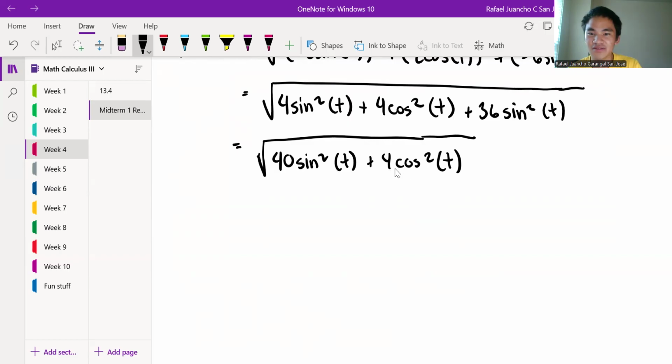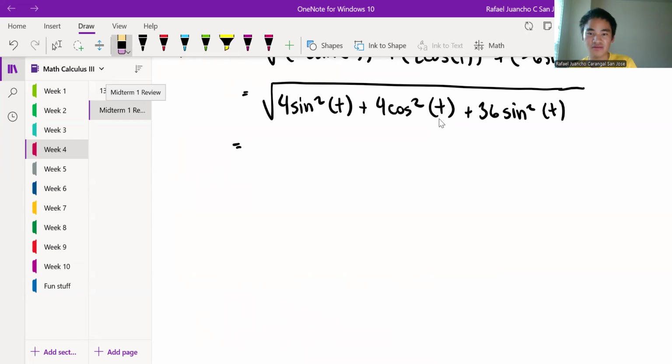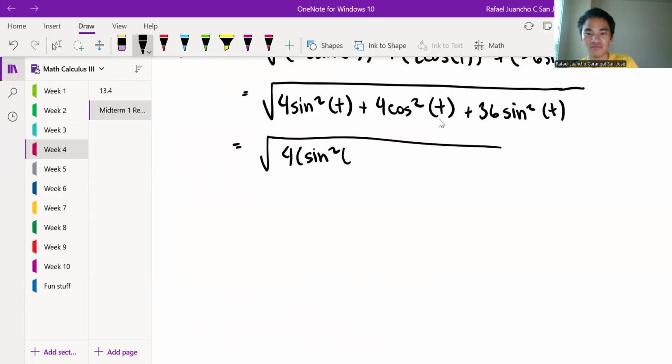Instead of going this direction, I could have factored out the 4 and turned this into a 1, right? So I could have said, maybe I don't want to write it this way, but this is totally fine. I could factor out the 4 of my two terms, and look at that, I have a trig identity.